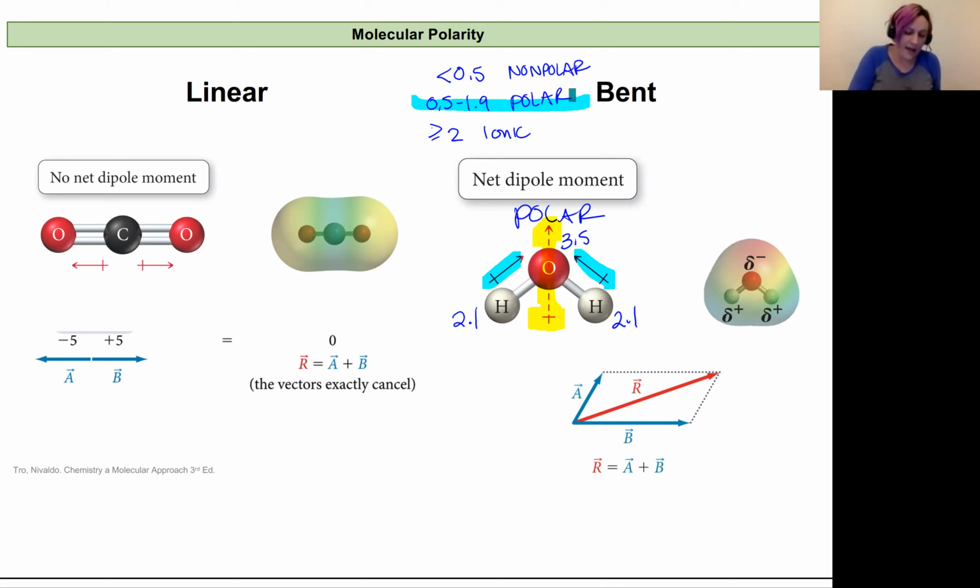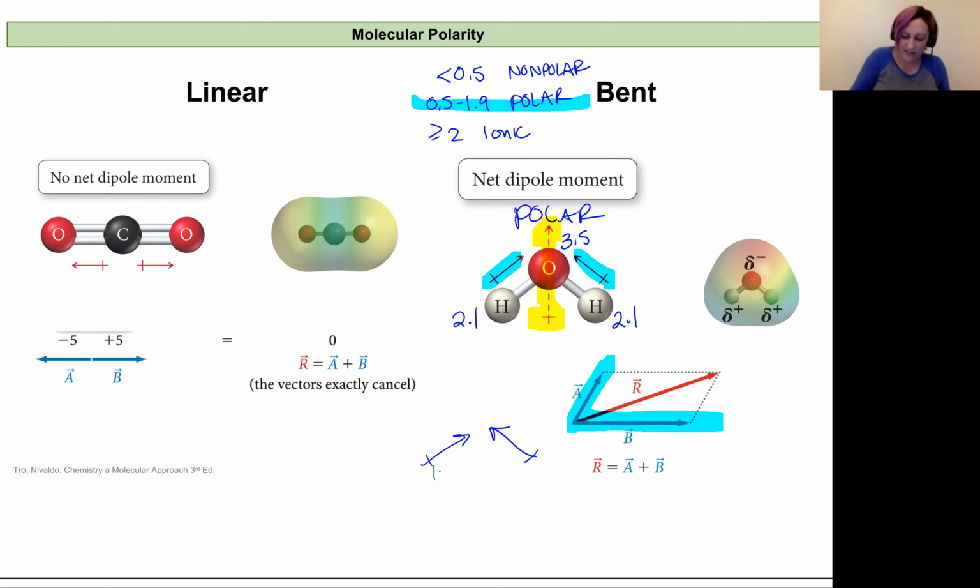So I have these polar bonds on my hydrogens that are going like this, right? So some part of that is going to cancel out, but some of it will add up. So if I take the vector sum of those two right here, it would go kind of in between them. So here's kind of our vector sum. For our oxygen and hydrogen, we have two dipole moments going in this direction.